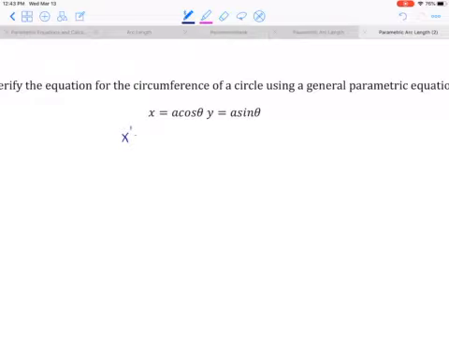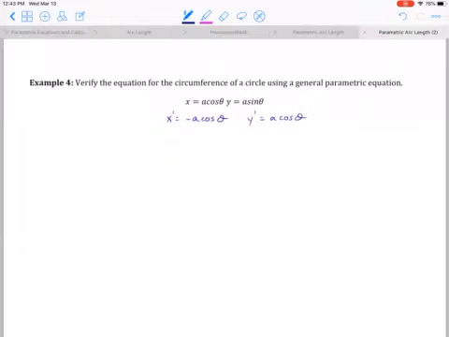So x prime. a is just a number, remember, so it would be negative a cosine theta, and then y prime is going to be positive a cosine theta. So for the integral here, I do the integral from 0 to 2 pi of the square root of negative a cosine theta quantity squared plus positive a cosine theta quantity squared d theta.